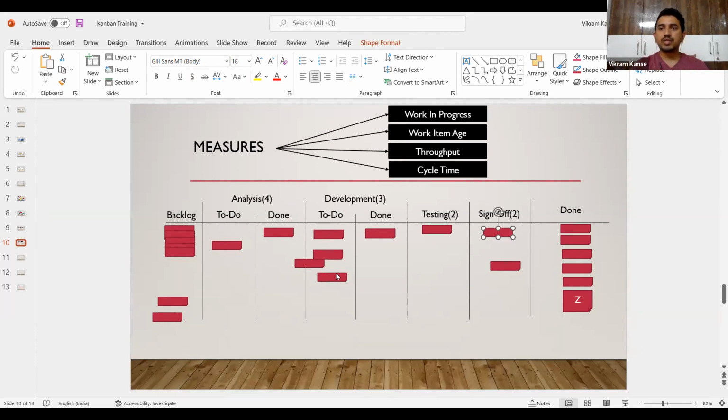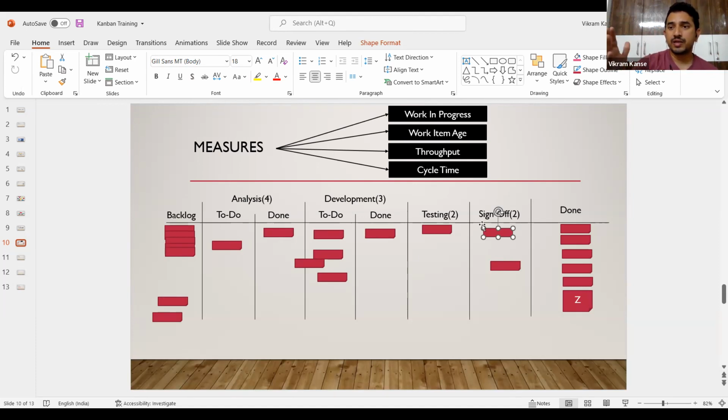So the combination changes. Work in progress limits help create more focus, help you avoid multitasking, and help you pull the right valued item. You want to create a flow that delivers value to you.